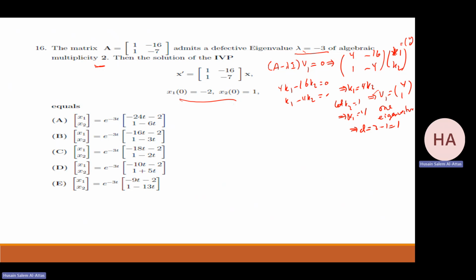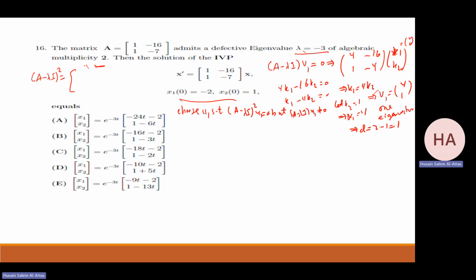So now we'll try to choose u1 such that A minus lambda I squared u1 equals 0, but A minus lambda I u1 is not equal to 0. This is not an eigenvector. Okay, so let me find A minus lambda I squared here. What is the eigenvalue? It is minus 3.